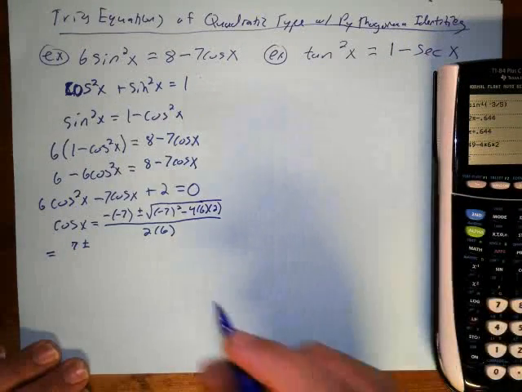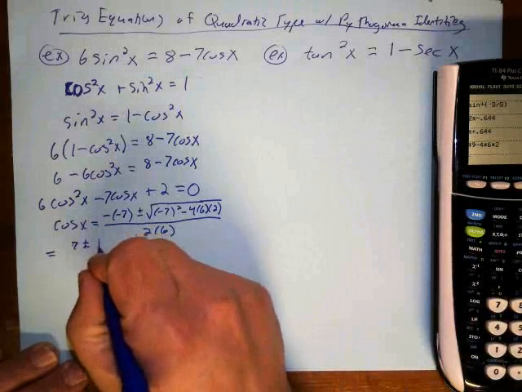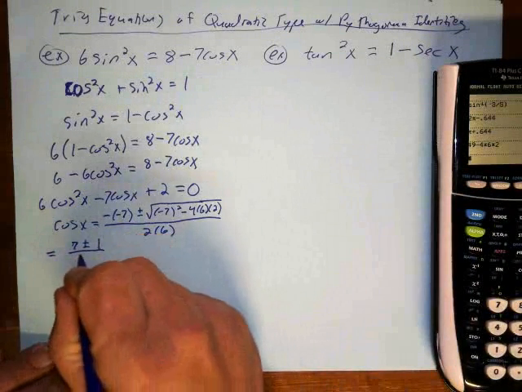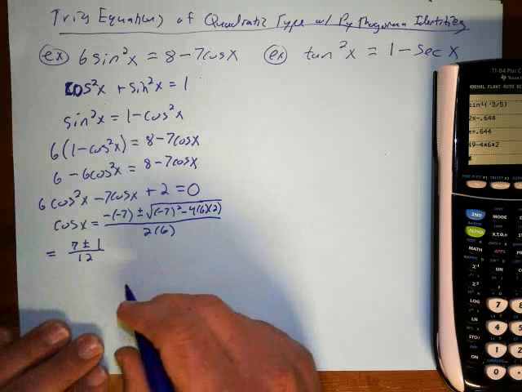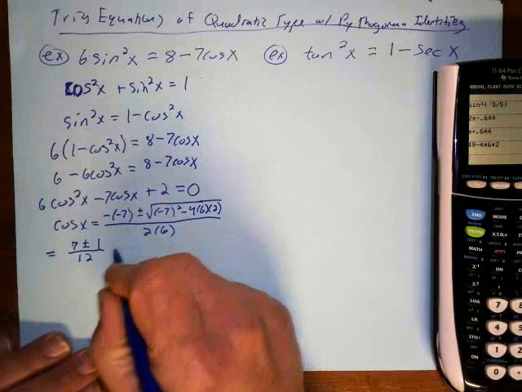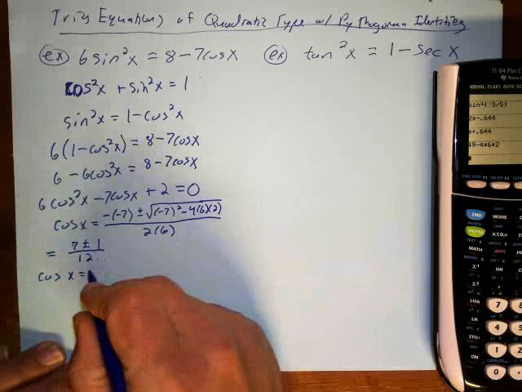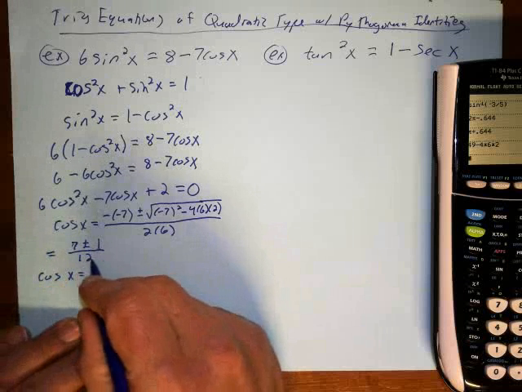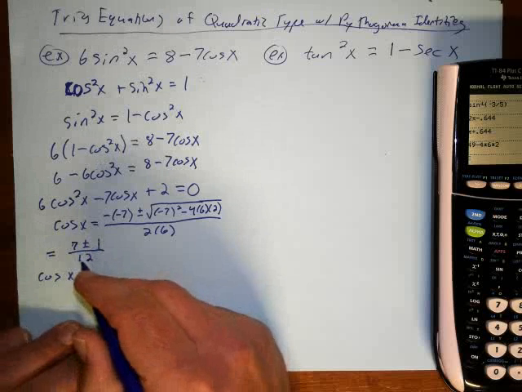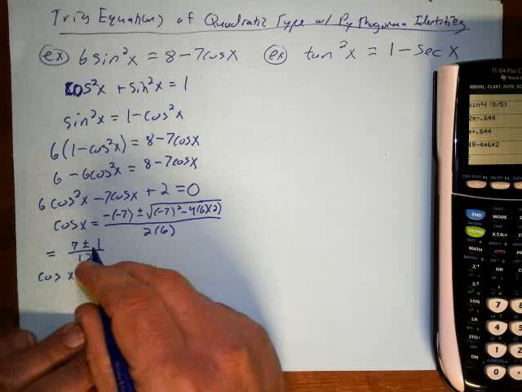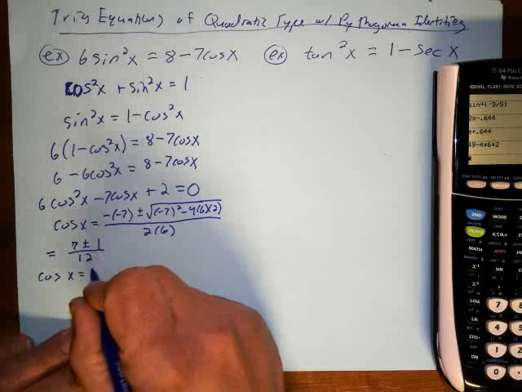So like the square root of 1, which is just 1, all over 12. Okay, so I'm going to get these two equations. I'll get cosine x is equal to 8 over 12. And 8 over 12 is 2/3.